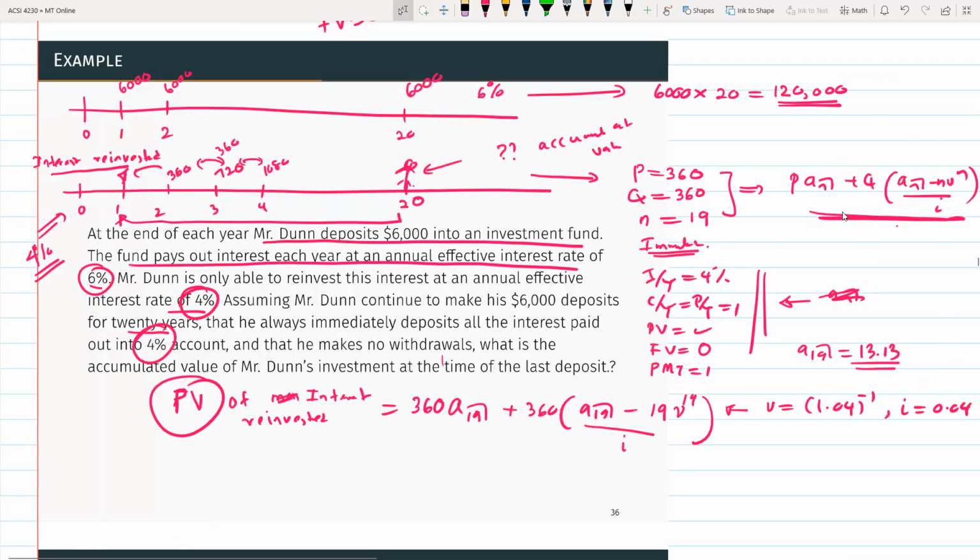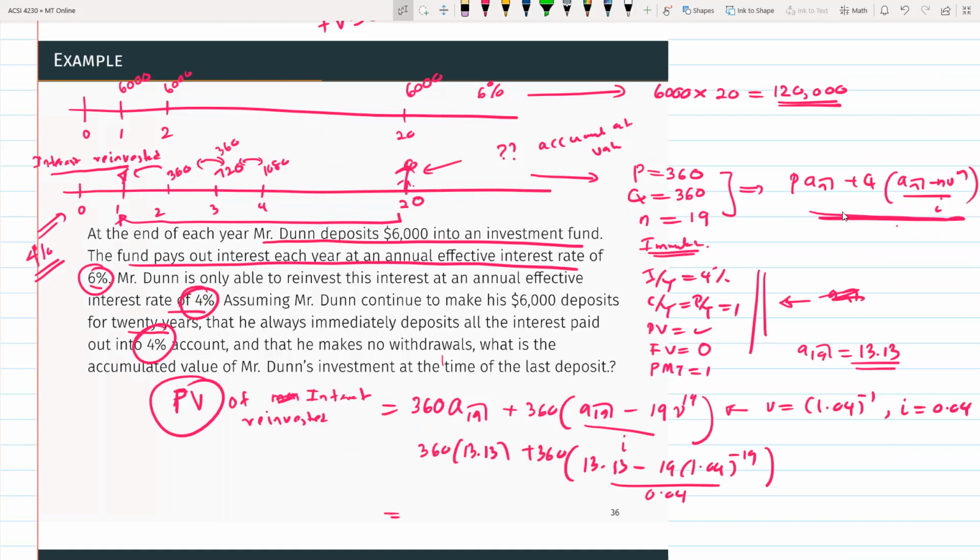Now we can substitute that value here. So when you solve this, you get the present value.